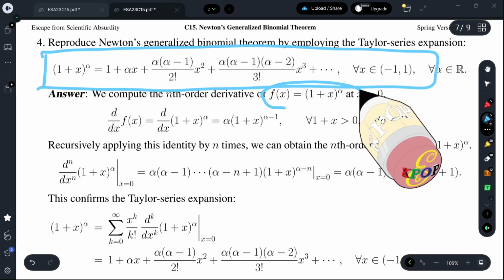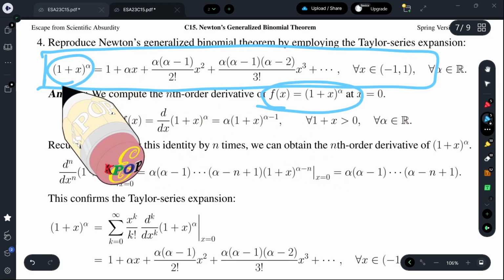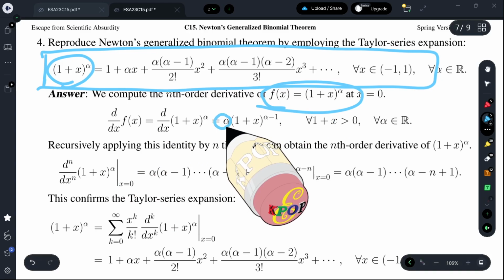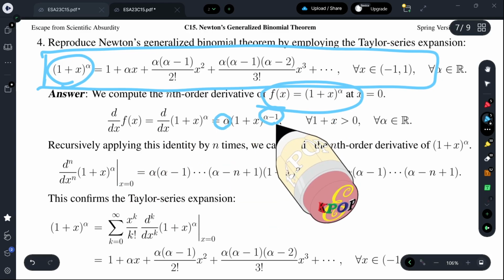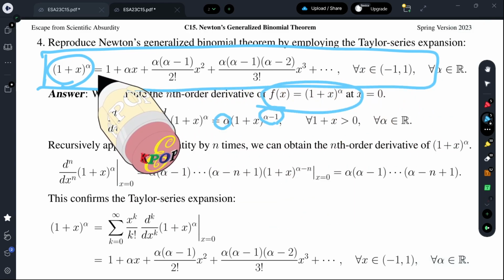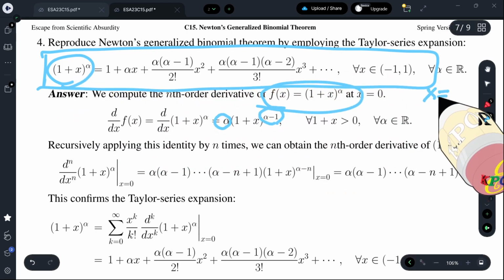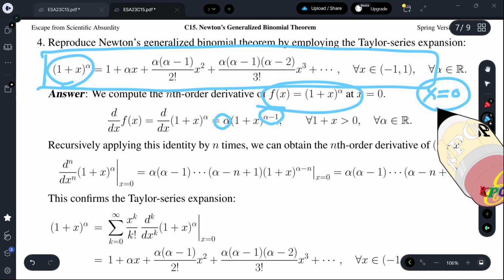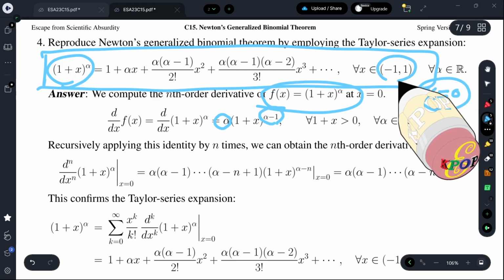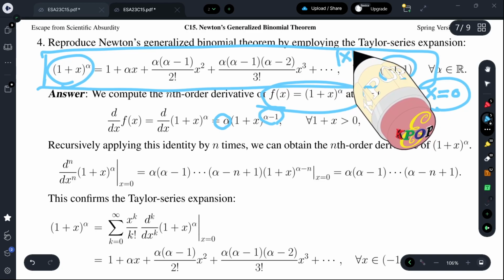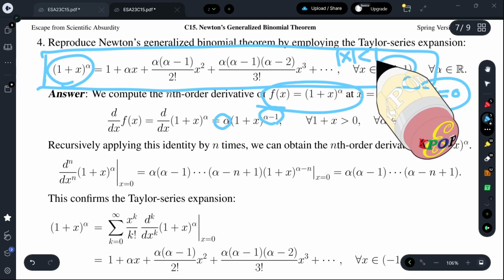First, we define the function, this one, to be f of x. The first derivative is alpha times (1 plus x) to the alpha minus 1. We'd like to expand this expression in the vicinity of x equals 0 and in the region in which the absolute value of x is less than 1.